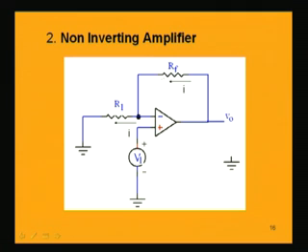It will start and end at ground, but there is no hard and fast rule, because we can also choose from left to right, which will ultimately give the same result. But I am just choosing the direction from right to left. So, let us denote this current I which is flowing from the right point of Rf to the left.